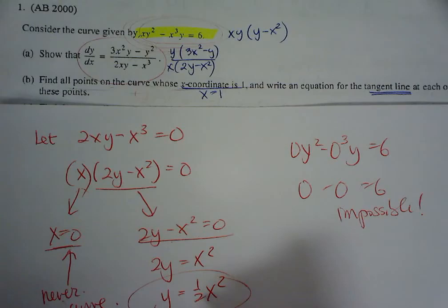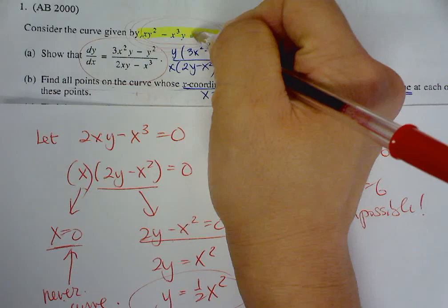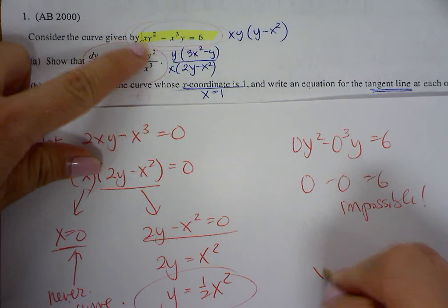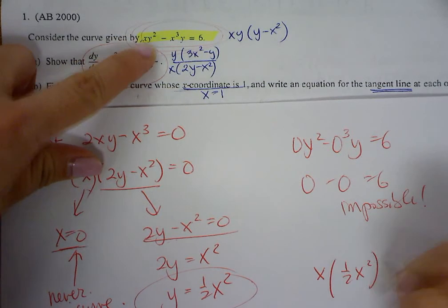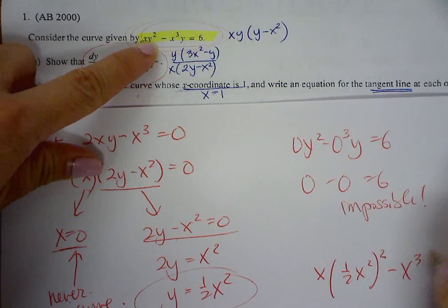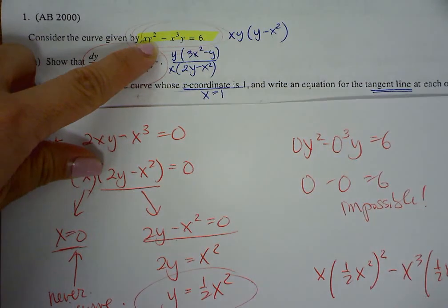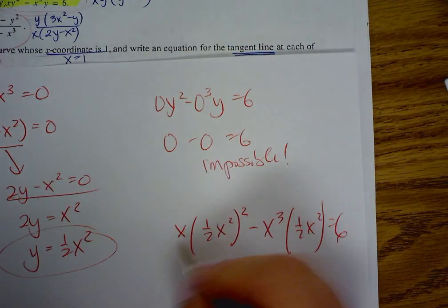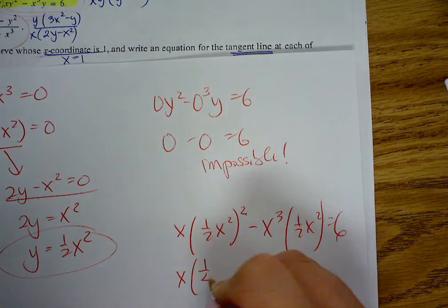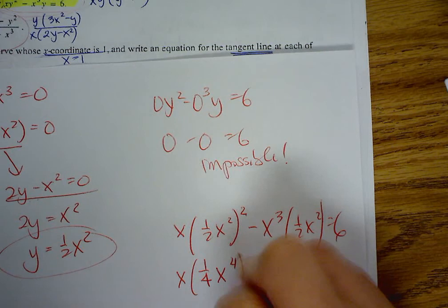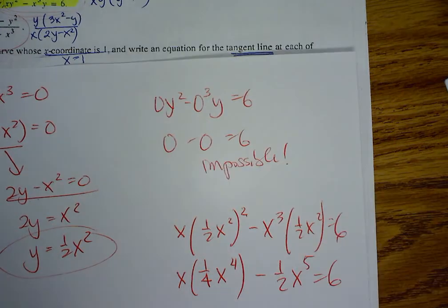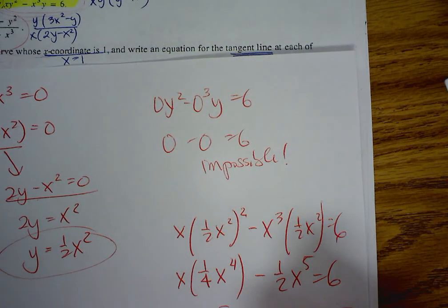Plug this into the original curve: x times 1/2 x squared minus x cubed times 1/2 x squared equals 6. Some crazy math: 1/2 squared is 1/4, x squared times x squared is x to the 4th, minus 1/2 x to the 5th equals 6. So I have 1/4 x to the 5th minus 1/2 x to the 5th equals 6.